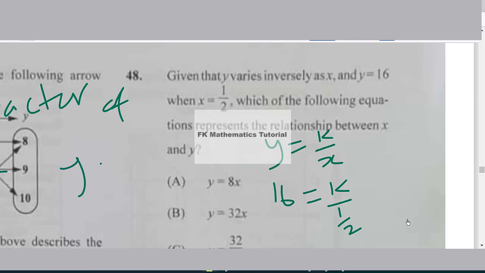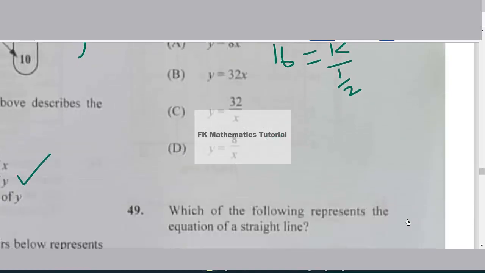Which of the following equations represents the relation between x and y? So we can look for k. 16 times half will be equal to k, so k is equal to 8.